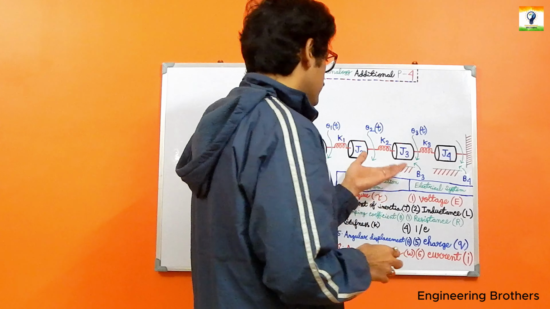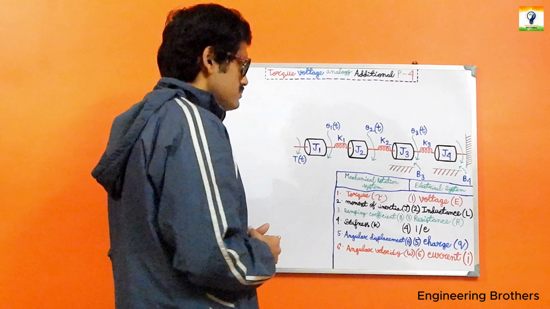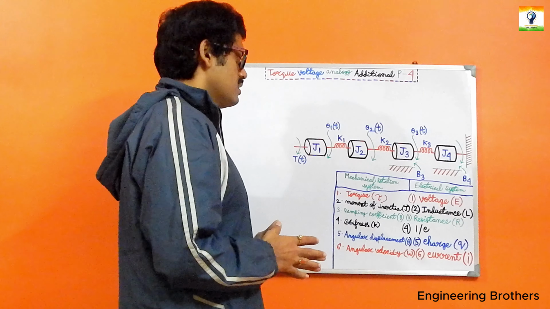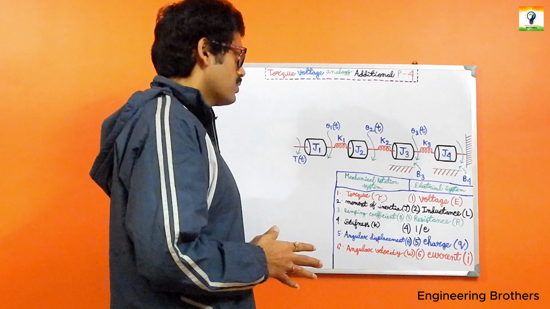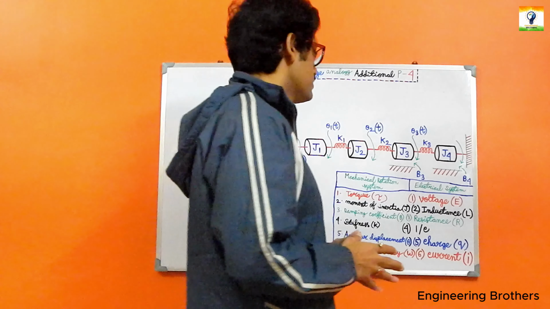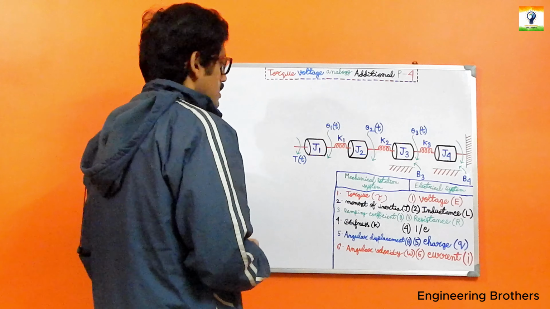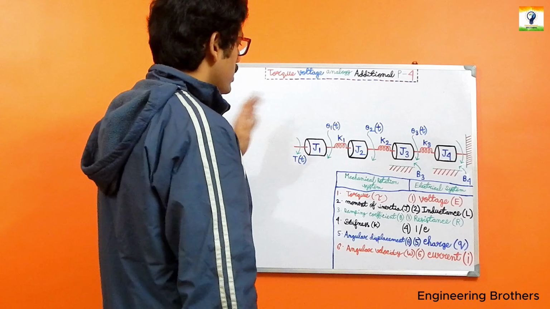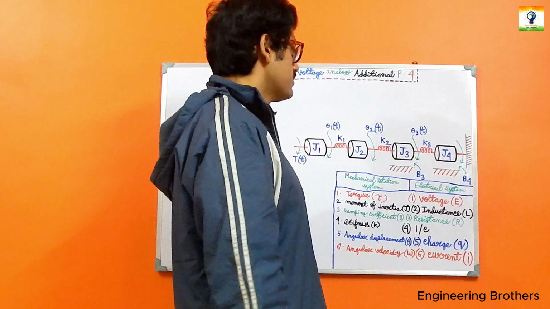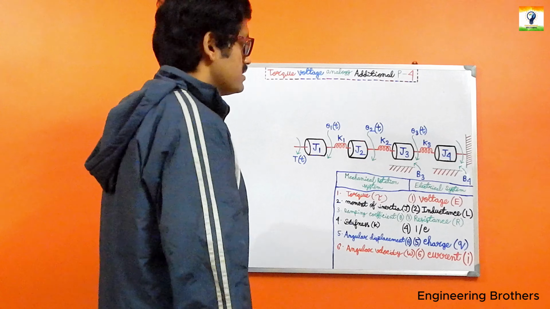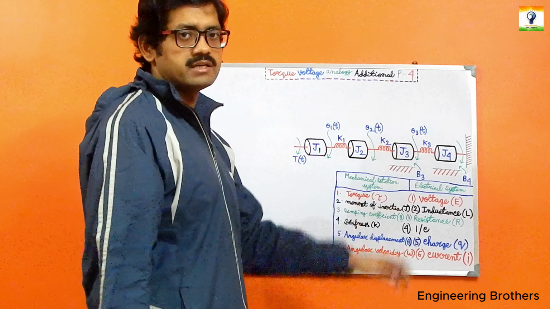And what is B3? B3 is the frictional coefficient due to the considered mechanical rotational system, and B4 is naturally the same. If you apply the torque at this point, all the bodies and all the portions of our considerations are getting disturbed by that applied torque.